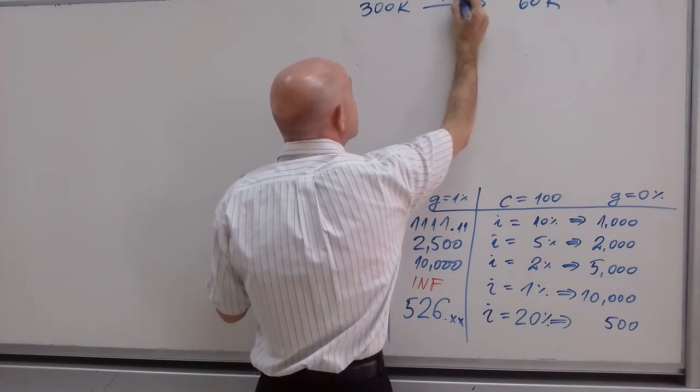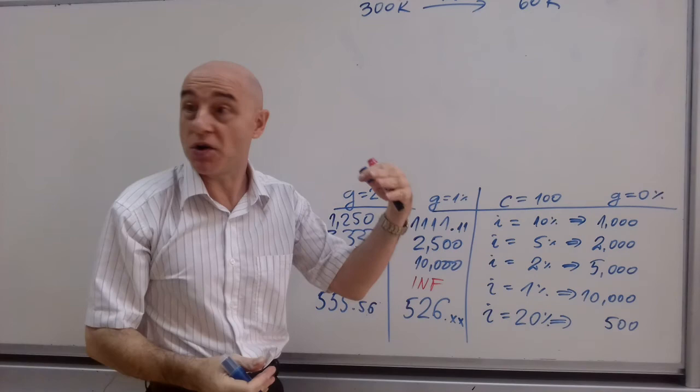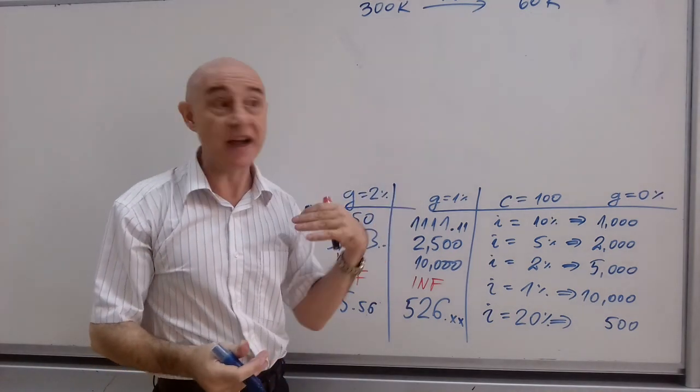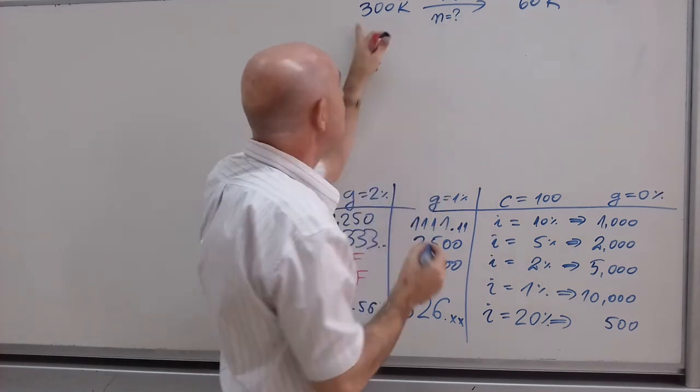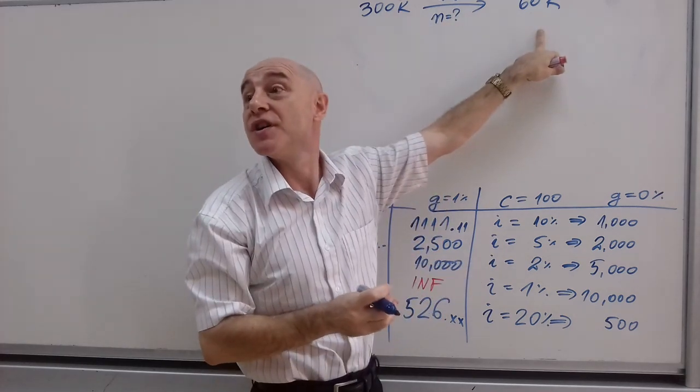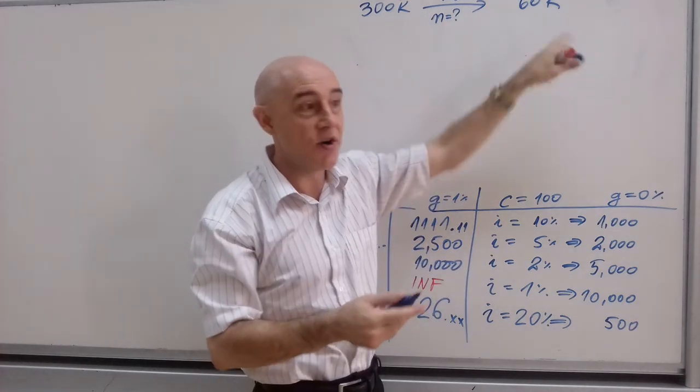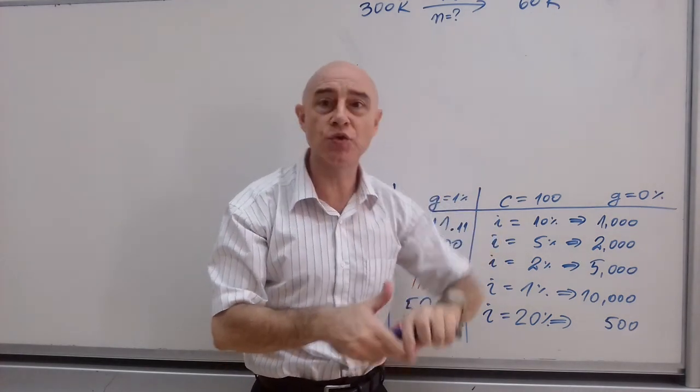So 5% is how much it falls. That's negative 5%. And the question is, how many years will it take for the bubble to deflate? All right? Take a 10, 12 minute break.